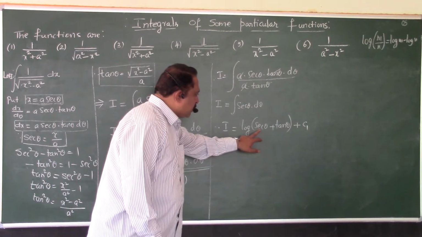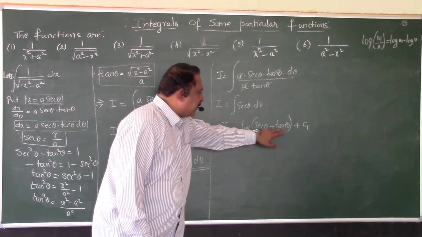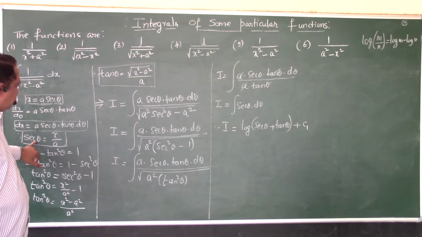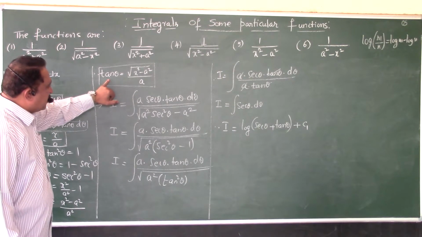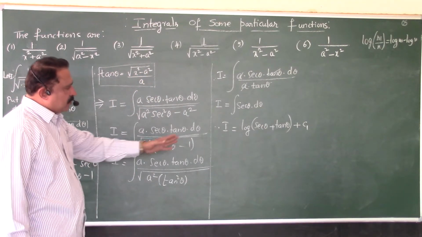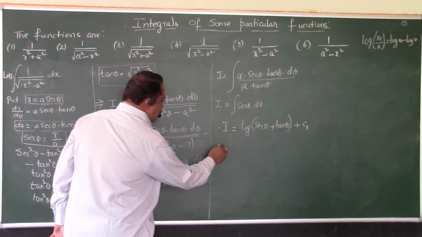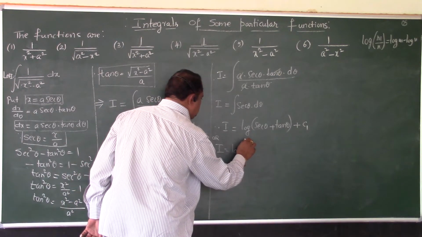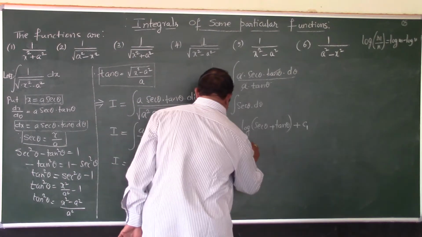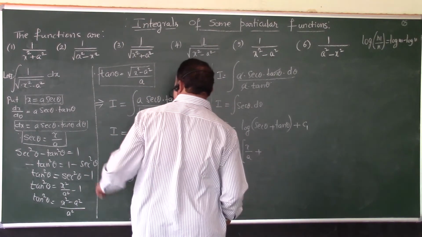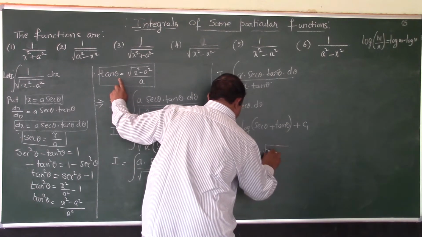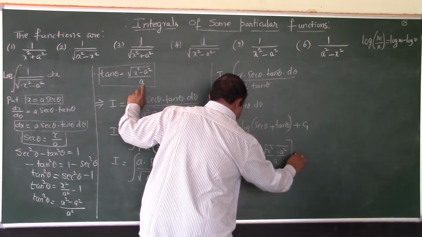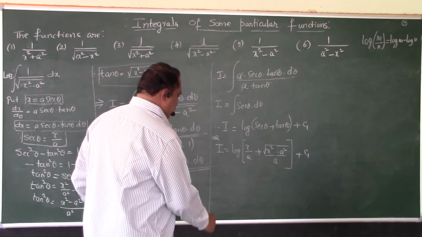Now the last step is to substitute for secant theta and tan theta from the respective values we already have. What is secant theta? X by a. What is tan theta? Root of x square minus a square by a. Those two values have to be substituted. So I equals log of secant theta, x by a, plus tan theta, root of x square minus a square divided by a, plus the constant of integration C1.